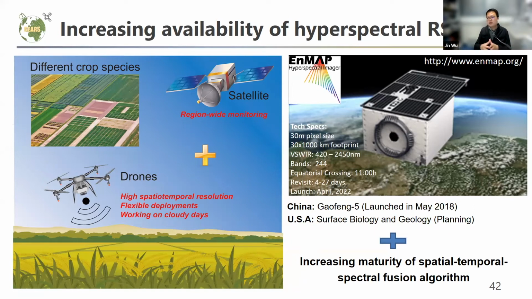Then we can merge them together to generate a daily 3-meter hyperspectral data set. This is not direct observation data, but through some algorithm we can get this kind of data set. It can potentially provide a really rich data set to contribute to the precision agriculture field as well.